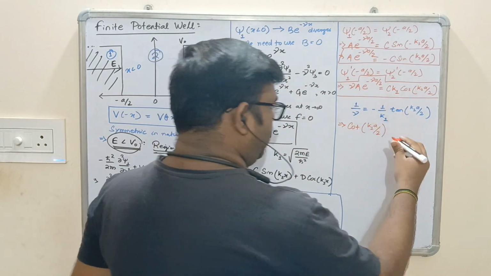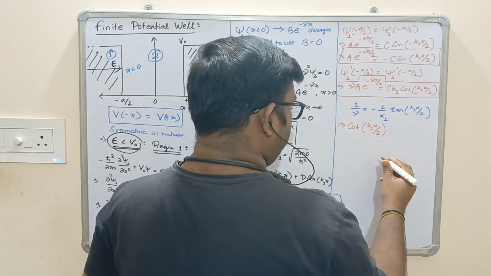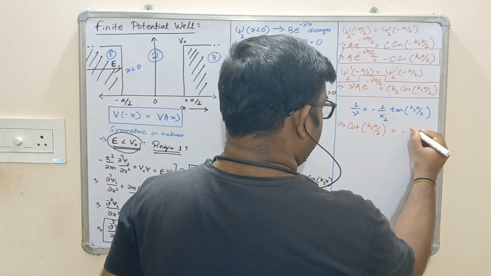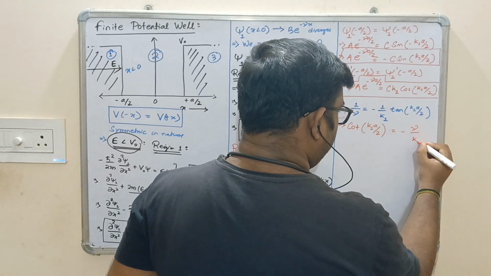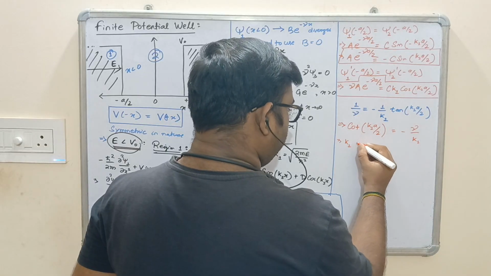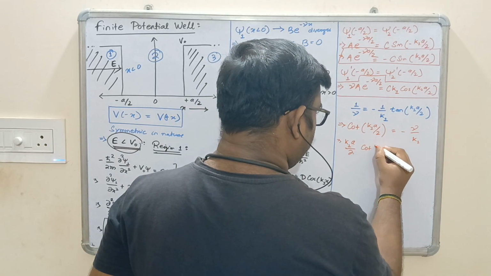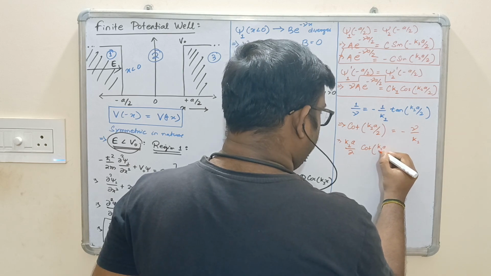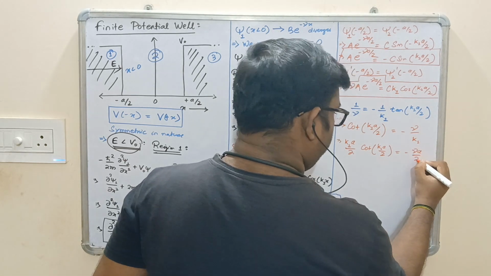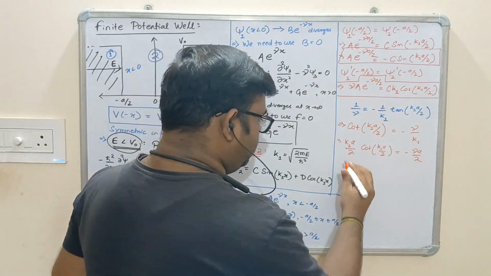So this becomes cot k1 a by 2. This cot k1 a by 2 is equal to minus nu by k1. Now we can write k1 a by 2 into cot k1 a by 2 equal to minus nu a by 2. If I write this function in this way, nothing will change.